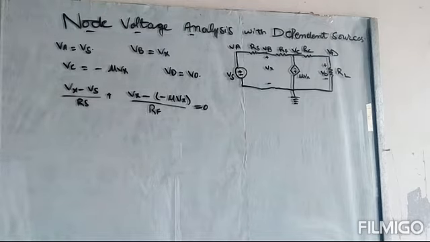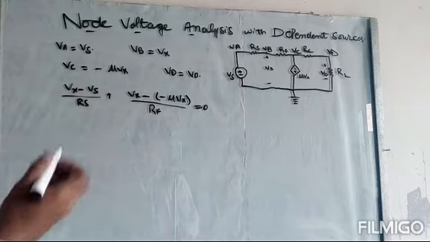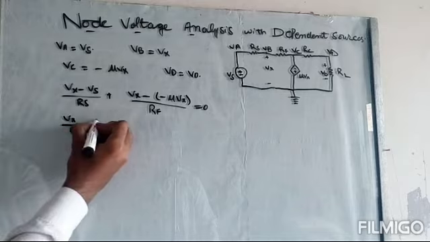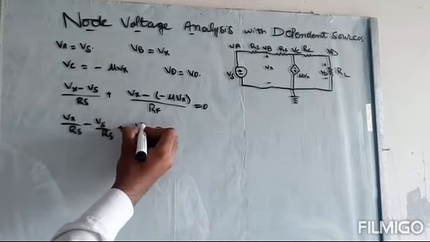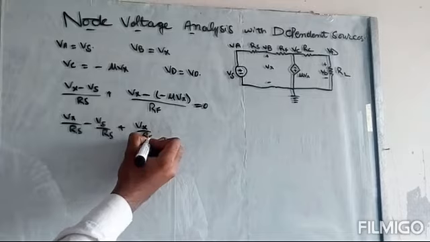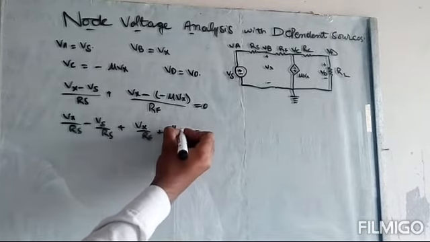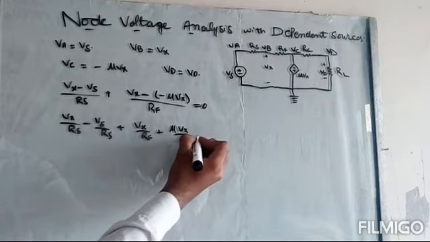We will write this equation in terms of Vx because Vx is unknown. So Vx over Rs minus Vs over Rs plus Vx over Rf plus mu Vx over Rf is equal to 0.